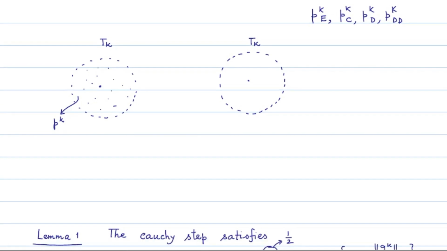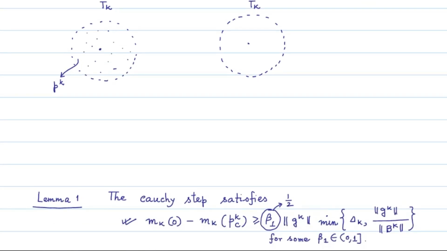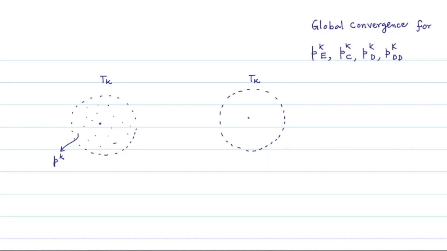Well, for pke it is very trivial to realize because at pkc this condition holds, and pke is the minimum-most point of the model function inside the trust region, and therefore we have this inequality.